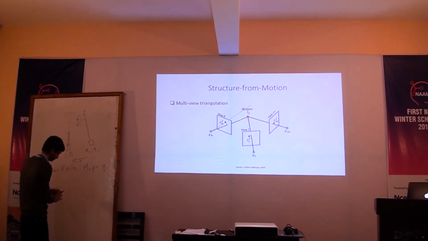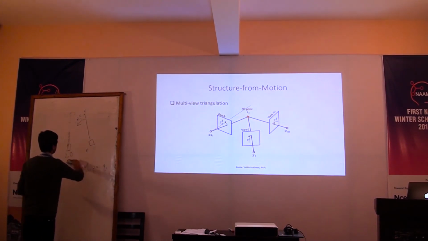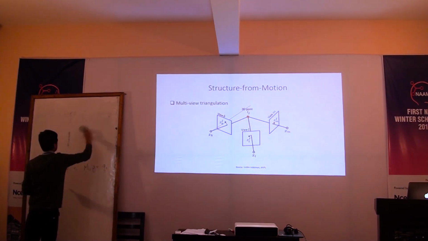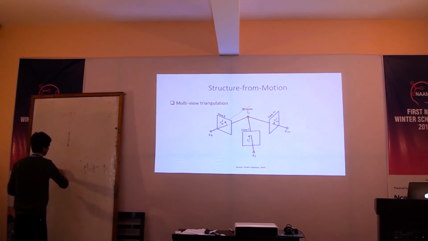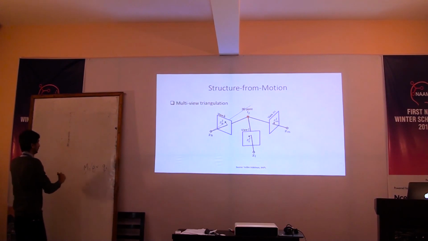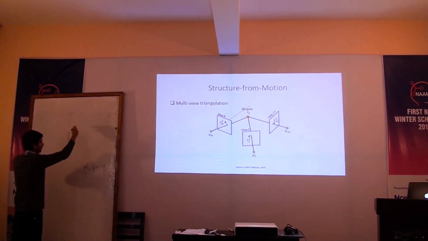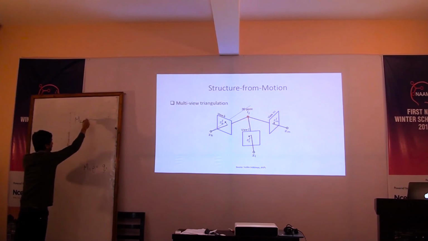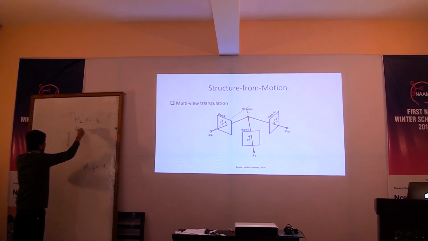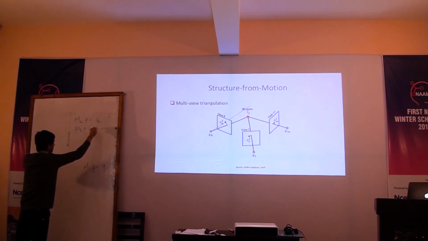And now we have 3 cameras. So your cameras should satisfy these equations: M2P equal to Q2, M3P equal to Q3.